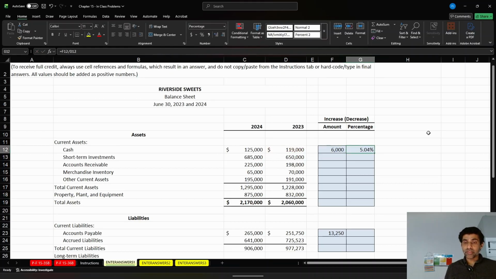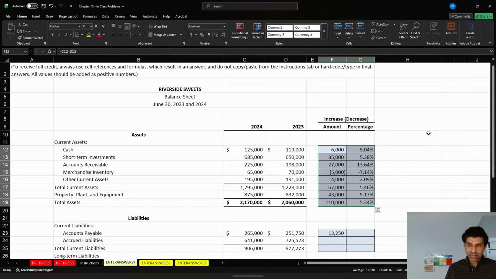Okay, so you can see there's a $6,000 increase, which is the same as a 5% increase. And so now all I have to do is highlight these two cells, hold shift, and then Control D. And then I can copy these two cells, paste them here, do the same thing here, Control D.